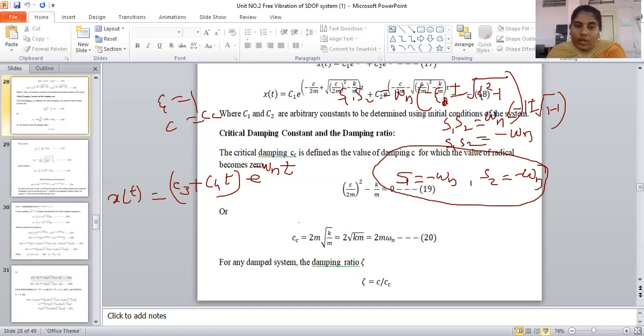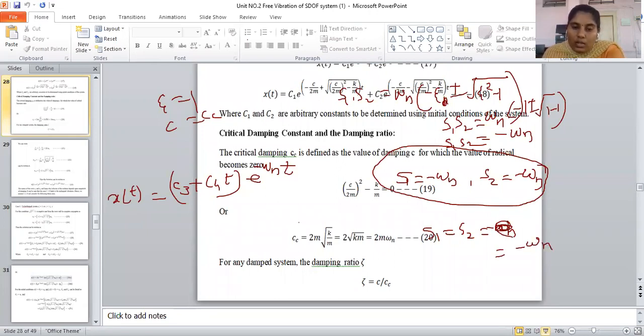Okay, so now the S1 and S2 values will be the same for both conditions. S1 is equal to S2 is equal to minus zeta omega n, which is minus omega n here.